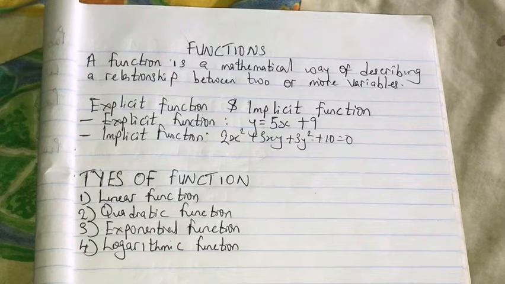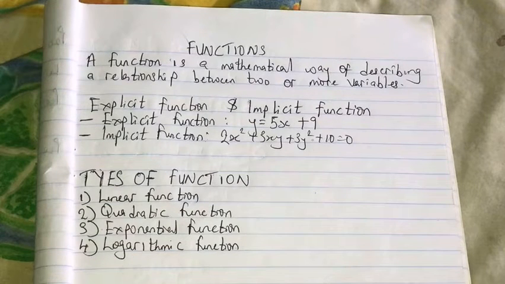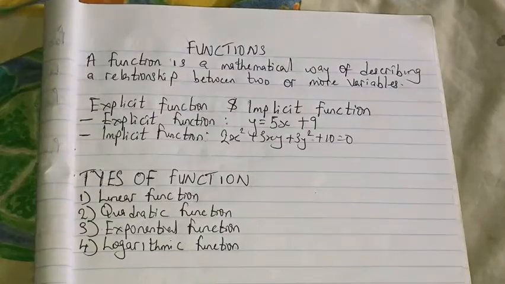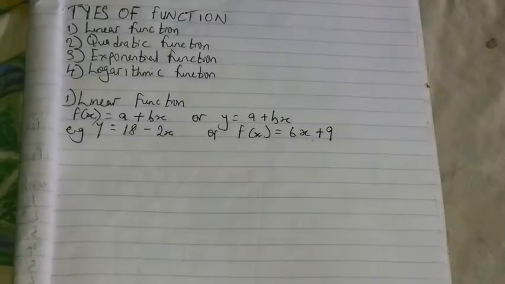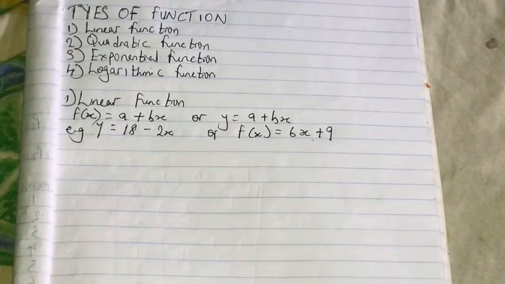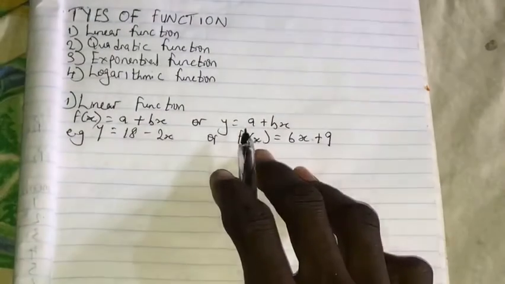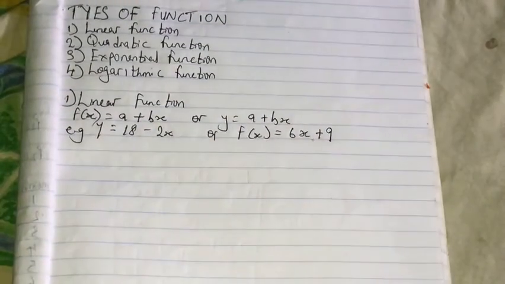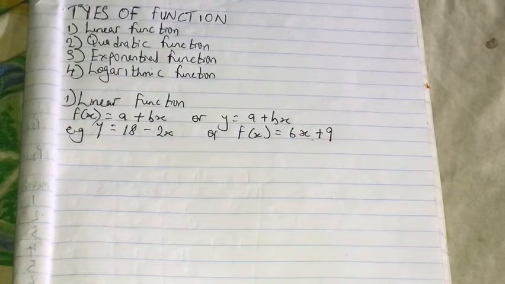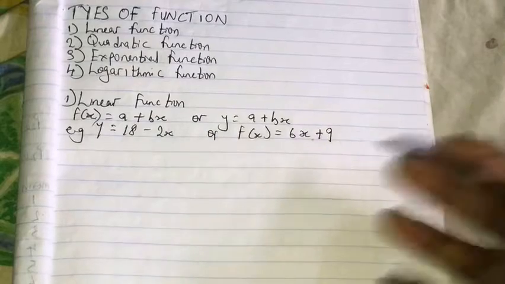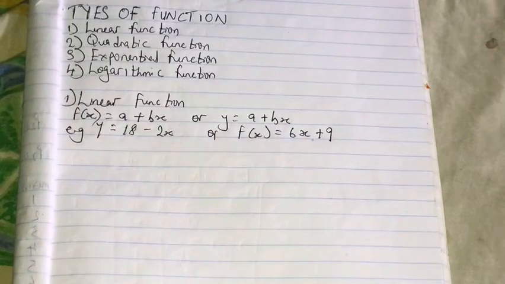Then we have types of function, which are linear function, quadratic function, exponential function, and logarithmic function. A linear function is one whose variables are of first degree and is generally of the form f(x) = a + bx. You can also say that a linear function is one in which the highest power of the variable x is always 1.